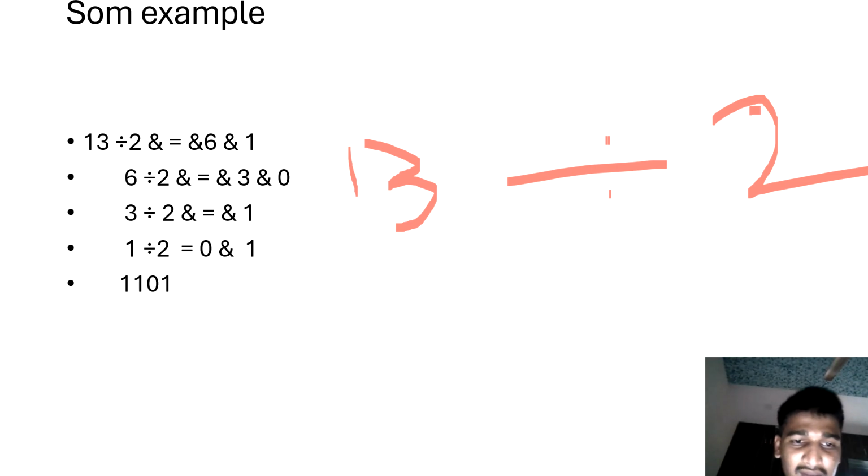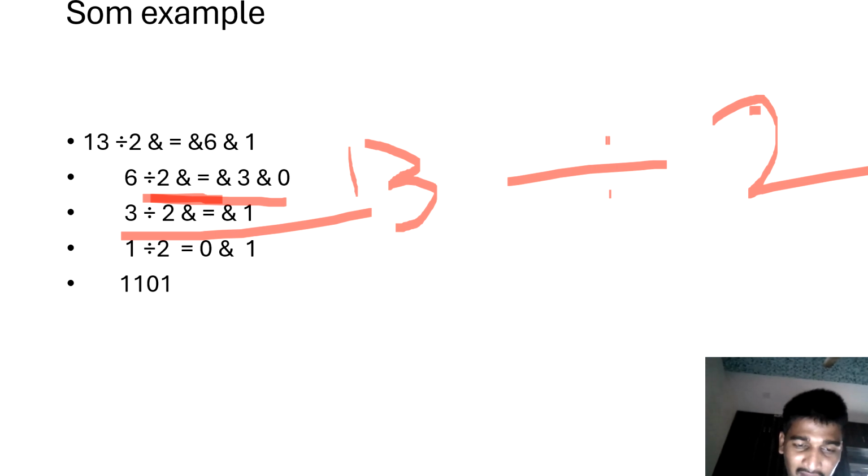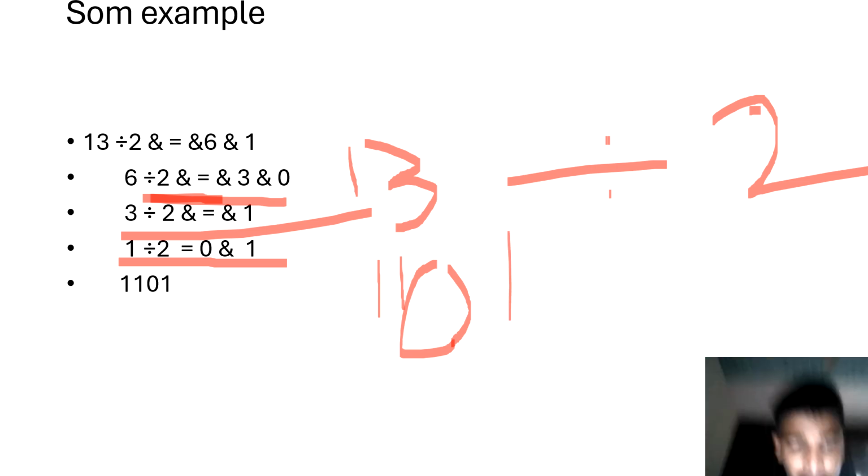The outcome is 6, with a remainder. Then 6 divided by 2 gives 3. 3 divided by 2 is equal to 1. The last one, 1 divided by 2, is equal to 0, and the final answer is 1 1 0 1. Like that we want to take the final answer.